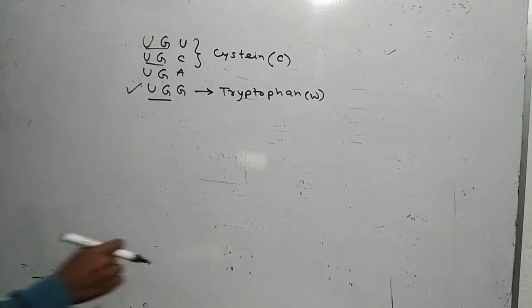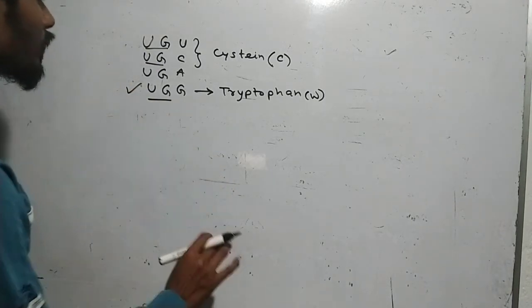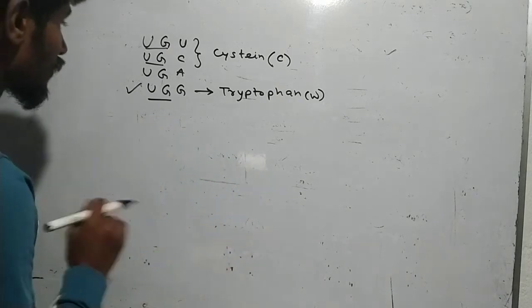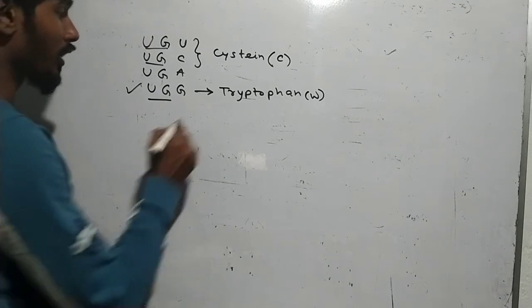Tryptophan is only encoded by UGG and none of the other 64 codons that are present. Okay, so UGG encodes tryptophan.